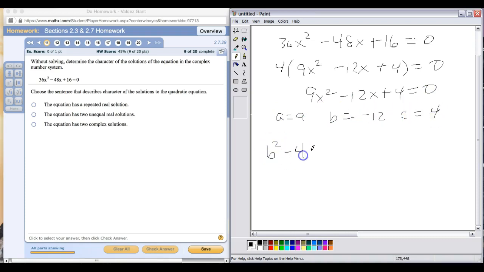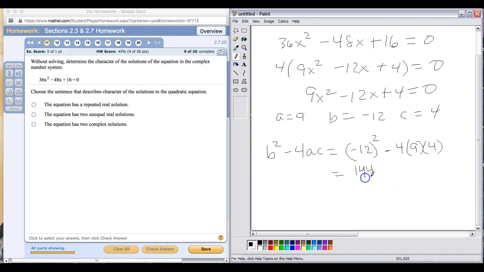We'll go ahead now and evaluate our discriminant. Our b is -12, square that, minus 4ac. Now this is 144. And I had a pretty good streak there with 4s, but it's over now.